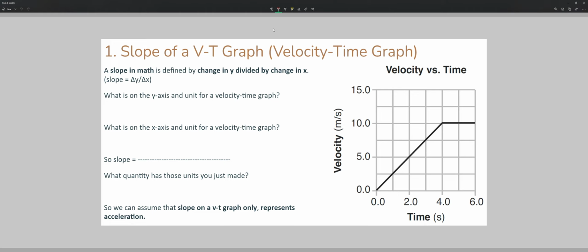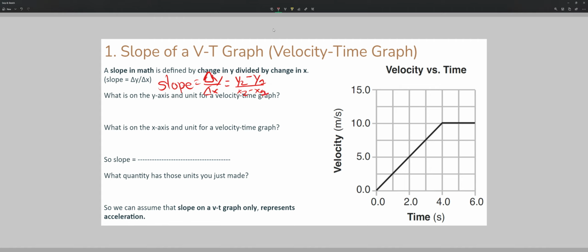So let's talk about what slope is. As it says on this slide, slope is delta y over delta x. And delta y, if you learned in math class, is essentially y2 minus y1, over x2 minus x1. So that's essentially slope.